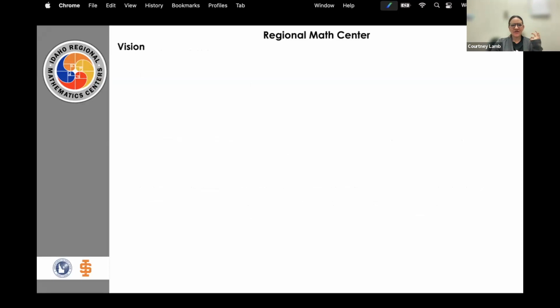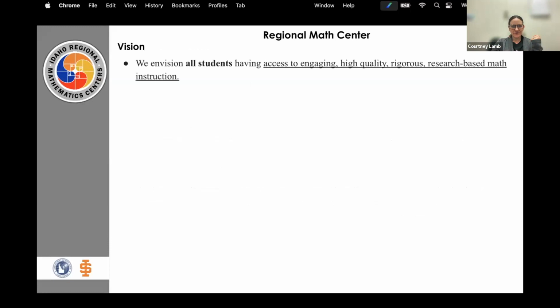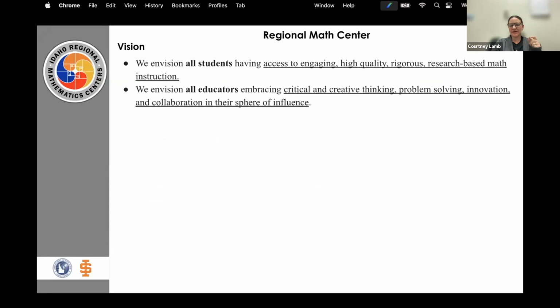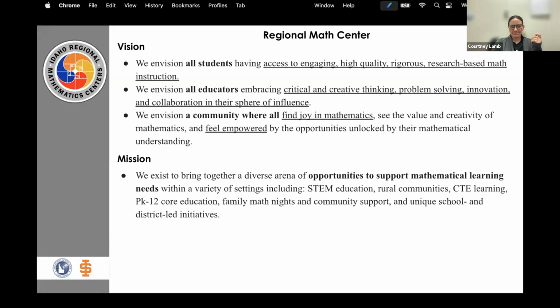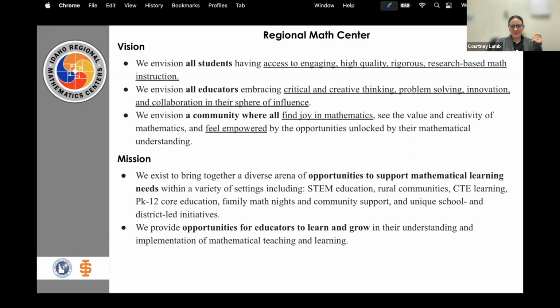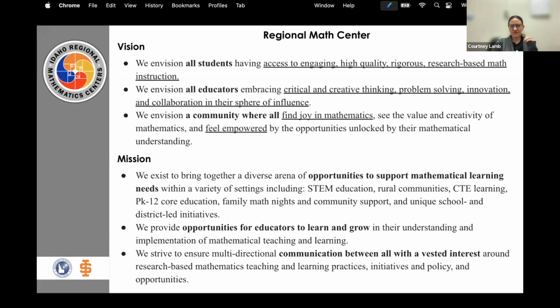Oh, and then here, I'm highlighting some of the big language so that all students, all educators, okay, talking about that community and then a little bit more with that. Just sort of the what here. So opportunities to support math learning, opportunities for educators to learn and grow, communication. So these are just kind of some examples.